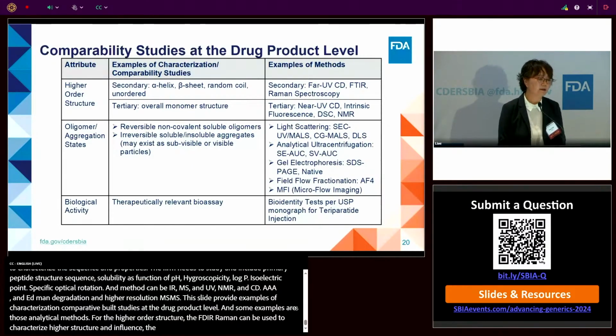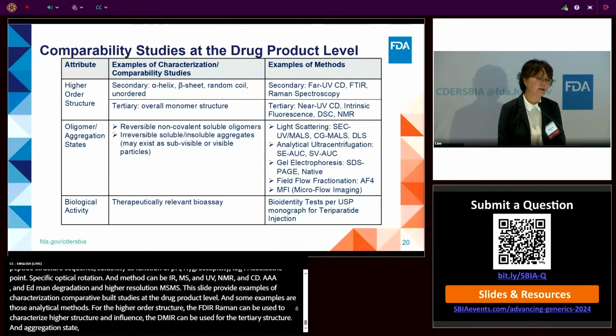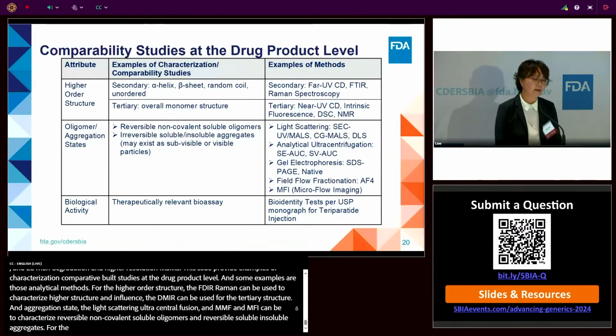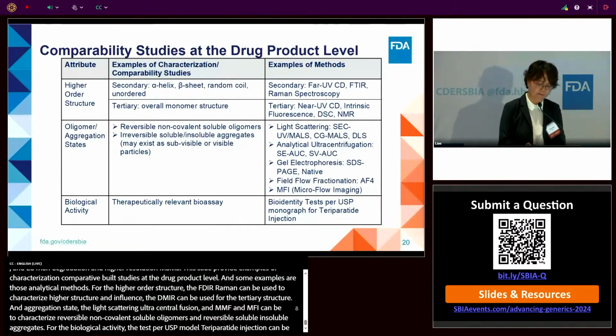For the oligomer aggregation states, the light scattering, analytical ultracentrifugation, gel electrophoresis, FFF, MFI can be used to characterize reversible non-covalent soluble oligomers, and also those irreversible soluble insoluble aggregates. For the biological activities, bioidentity tests per USP monograph for teriparatide injection can be used in the therapeutically relevant bioassay.